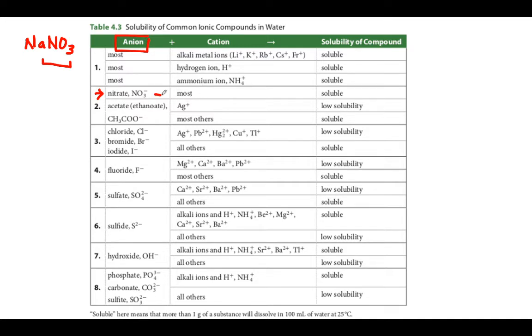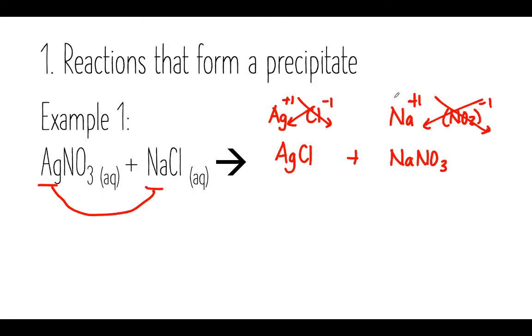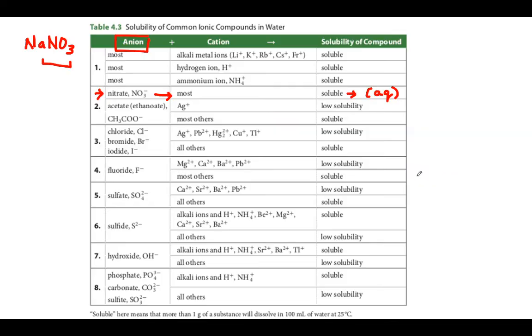But luckily for us, most cations that are bonded to NO3 are going to be soluble. And whenever you see soluble, that gives you the state of aqueous, AQ. Remember what aqueous means, right? Soluble in water, or dissolved in water. So NaNO3 has the state of aqueous.